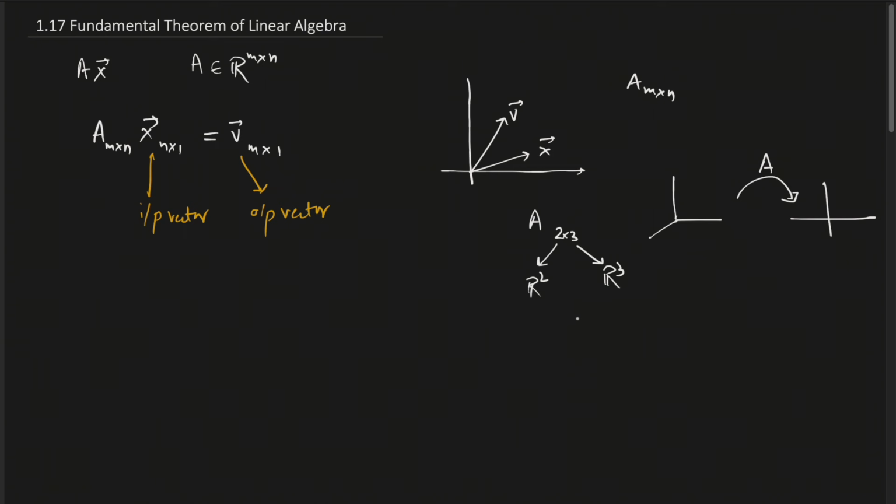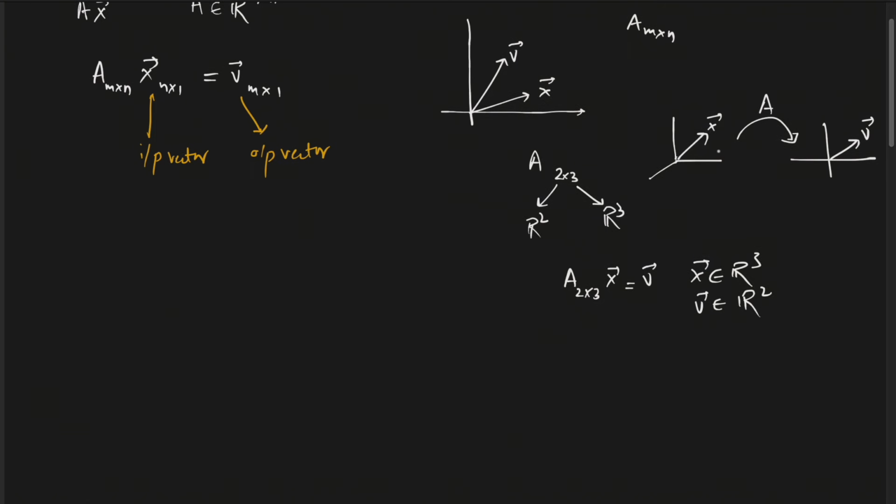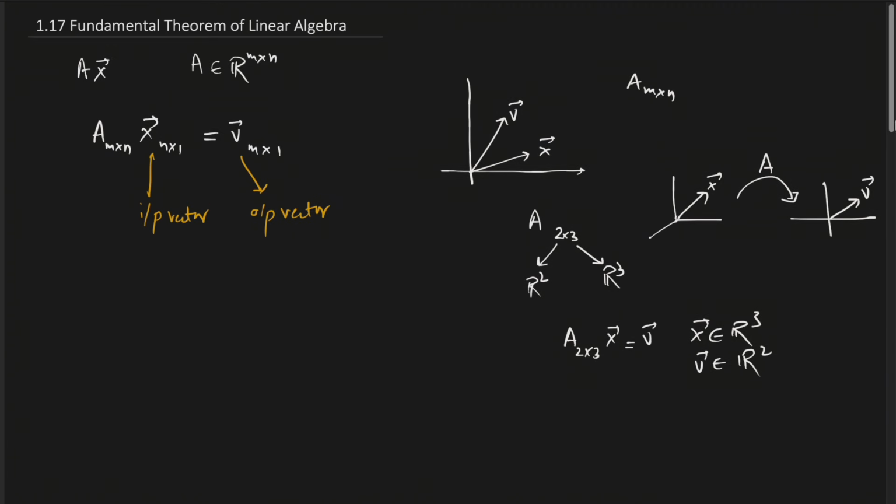So you are taking any vector x, and any vector x should belong to R3, and the output vector v mapped by the matrix A should belong to R2. So here we are seeing that the matrix A is transforming a vector x which is lying in the 3D volume to the vector v which is lying in the 2D xy plane.